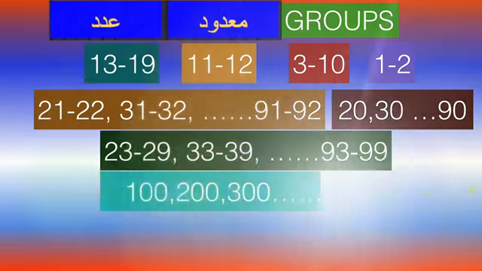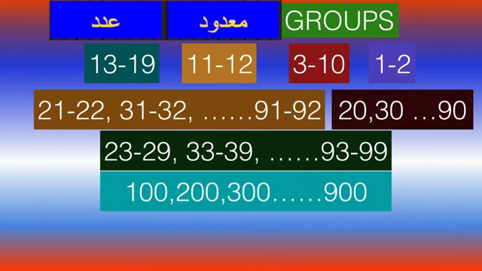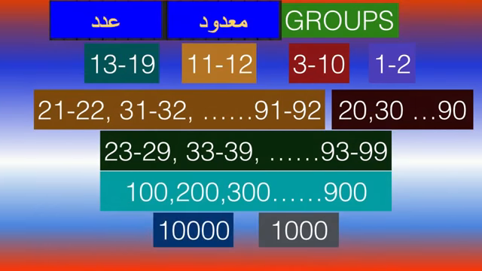And we know 100 to 900, the mi'atun will remain the same no matter which noun is being counted, whether muzakkar or muannas. And same thing for 1000 and 10,000, where the ma'dud is singular and it has a kasra, indefinite.